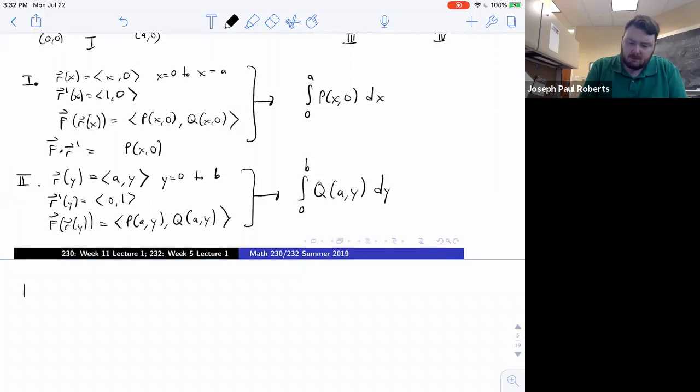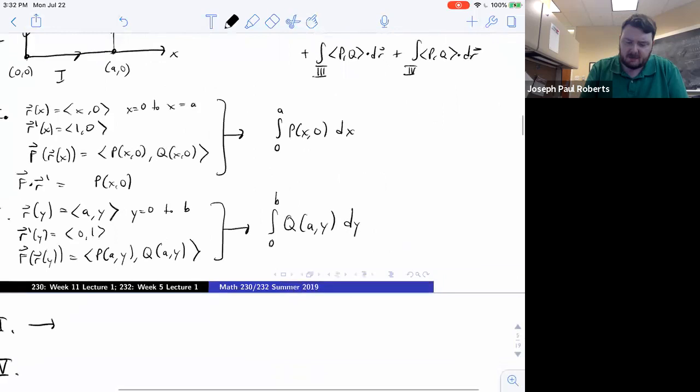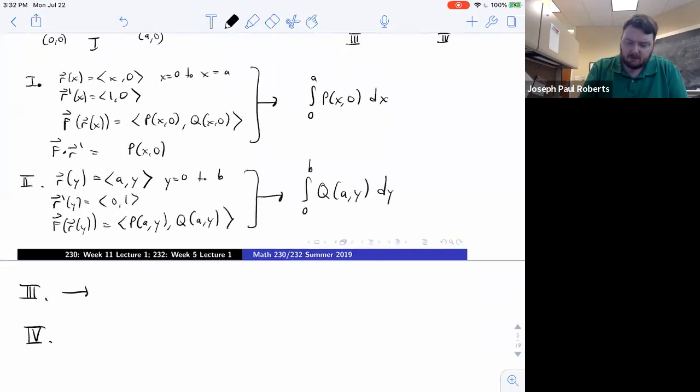I'm not going to go through the details because they're very, very similar. But piece 3, because x is now decreasing, you end up picking up a minus sign, and you get minus the integral from 0 to a of P of x comma b dx.